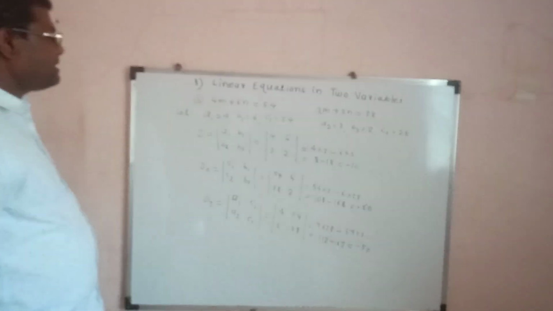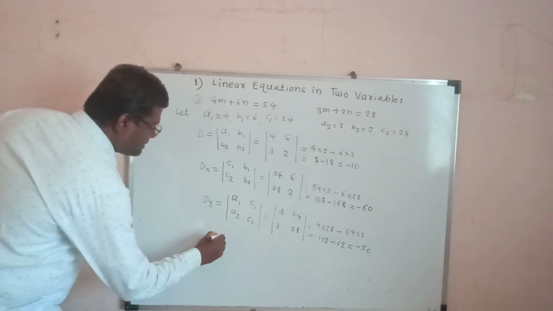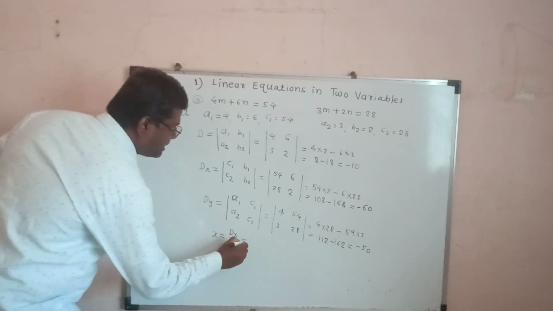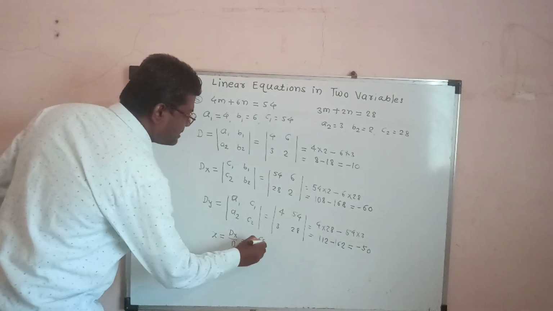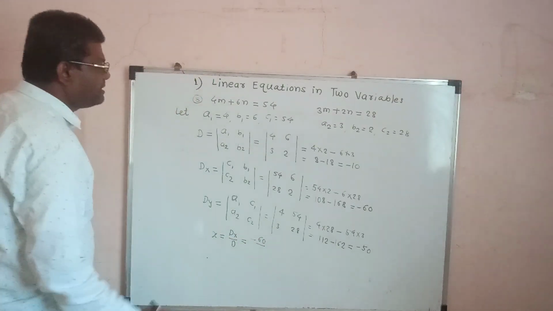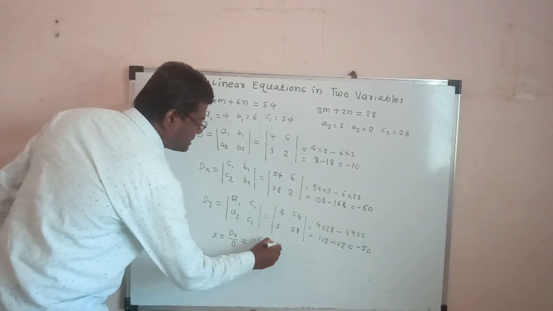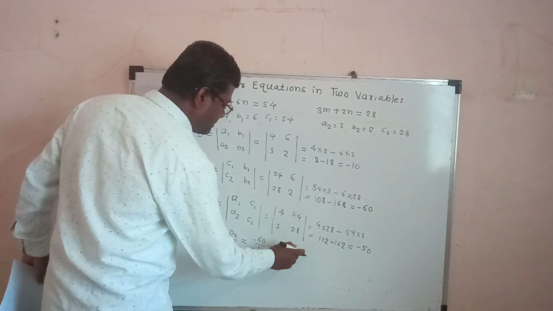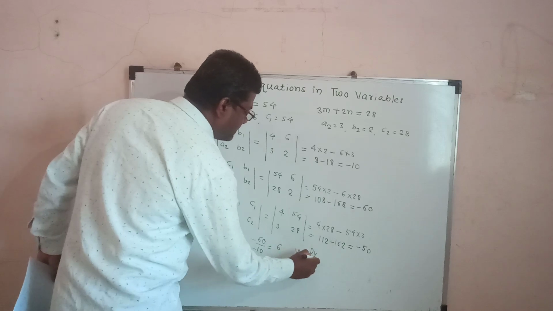Now let us find the values of x and y. Formula is x is equal to dx by d. Value of dx is minus 60 and value of d is minus 10, so x is equal to 6. Then y is equal to dy by d.